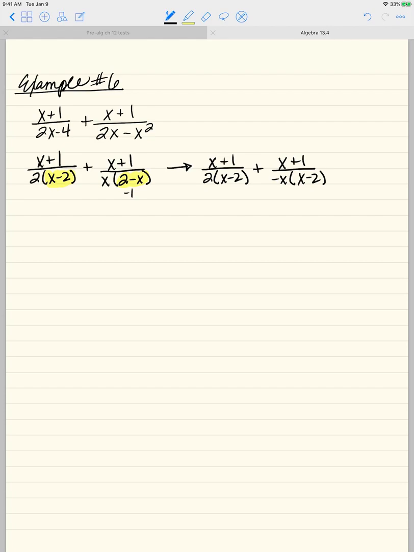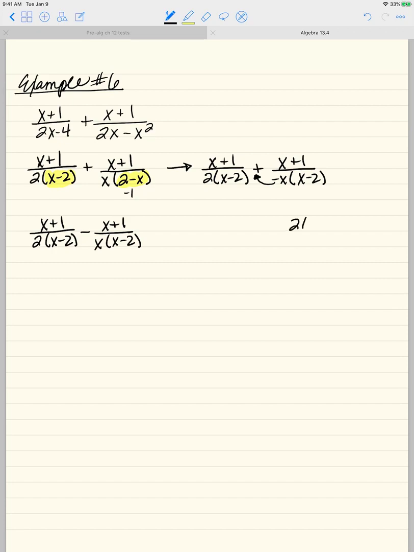All right, now what I'm going to do, I'm going to take that negative and change this to subtraction. Again, what we talked about in yesterday's lesson. So I end up with x plus 1 over 2 times x minus 2 minus x plus 1 over x times x minus 2.